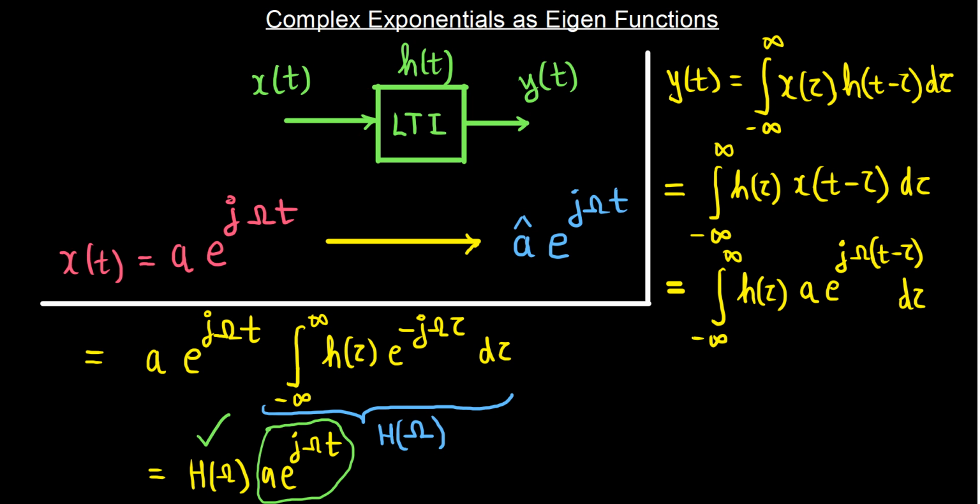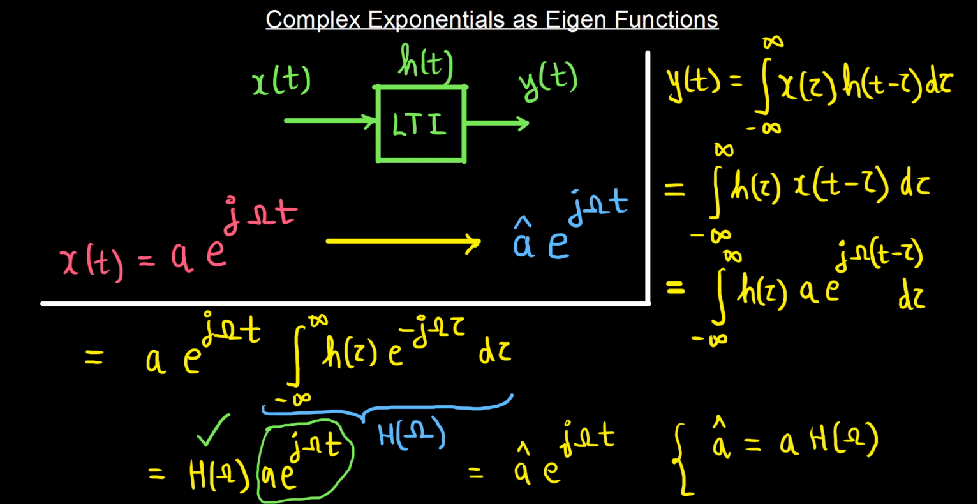So we are indicating this as equal to a cap e to the power j omega t, where this a cap is the changed amplitude, or the new amplitude, that is a times H of omega.